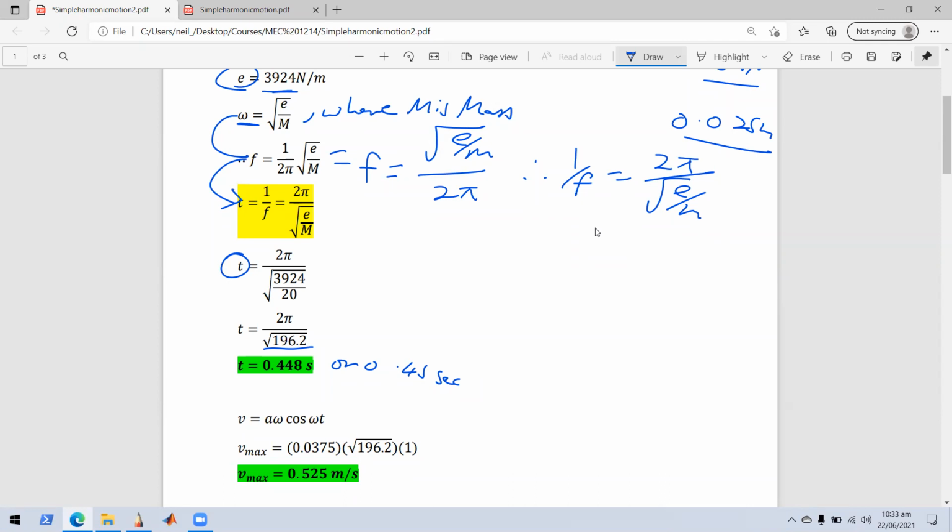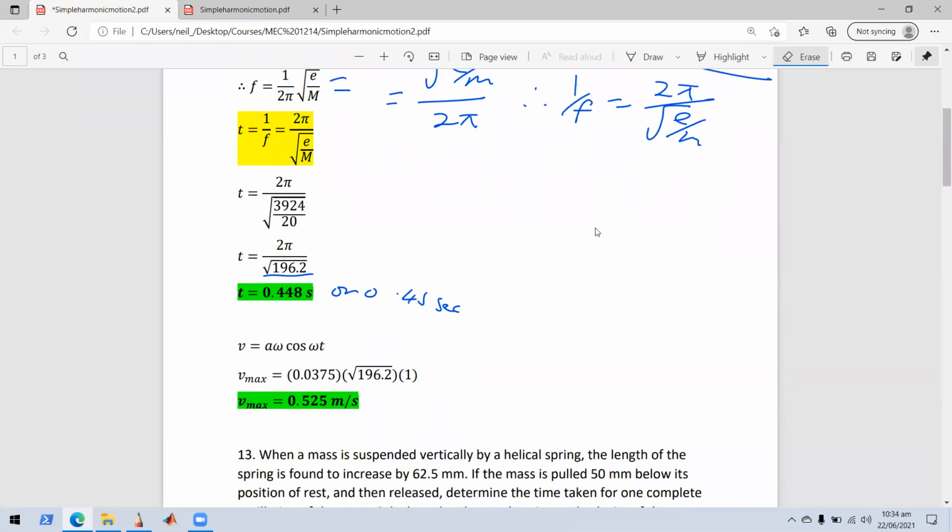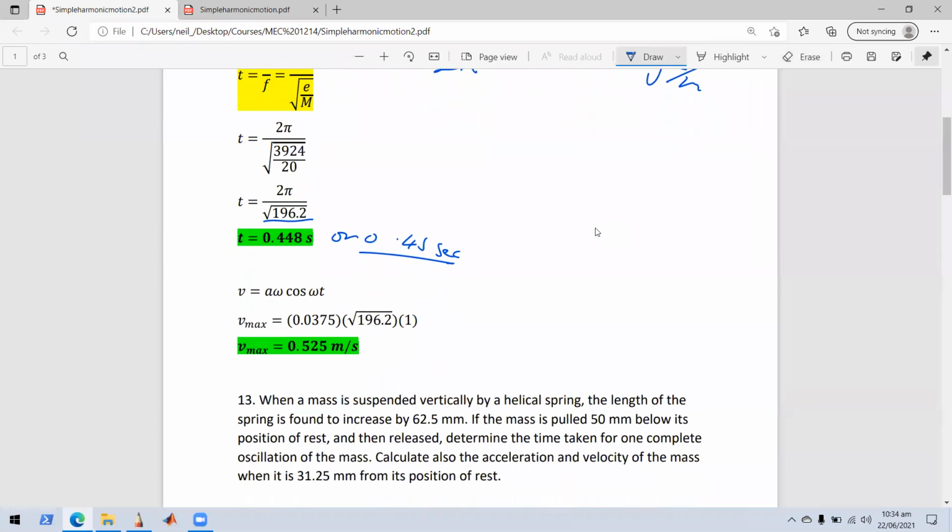You can do it step by step if you want, but I prefer to keep everything whole, keep all the variables in, then just plug in the values at the end and get one final neat answer, right? Good. So time is 0.45 seconds, or 0.448 seconds.